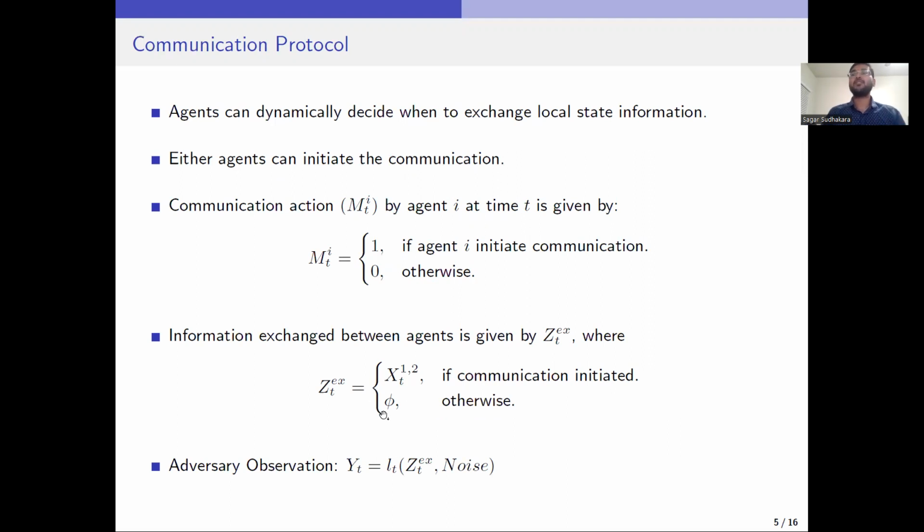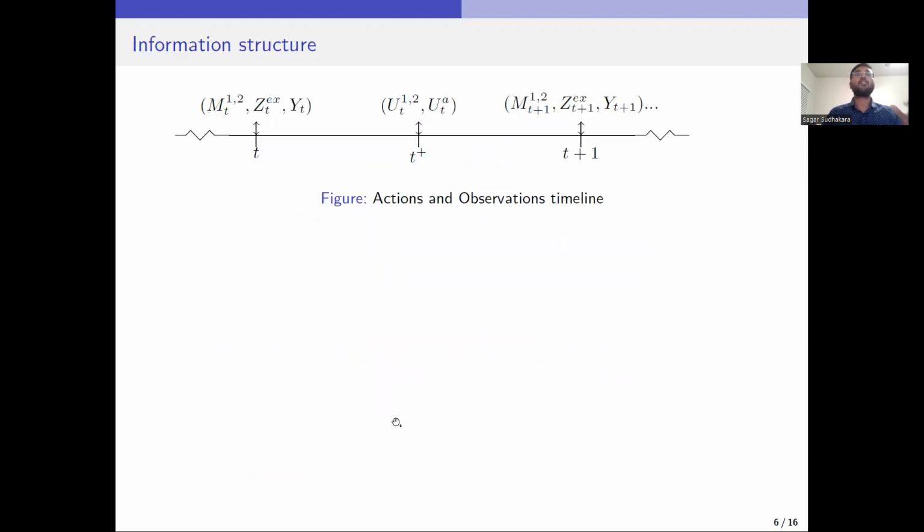And the adversary observation is a noisy observation of the information exchange, that is, a noisy observation of zxt. So we follow this particular information structure. There's an action and observation timeline. At a particular time t, the communication action is taken and we observe the information exchange between those two agents.